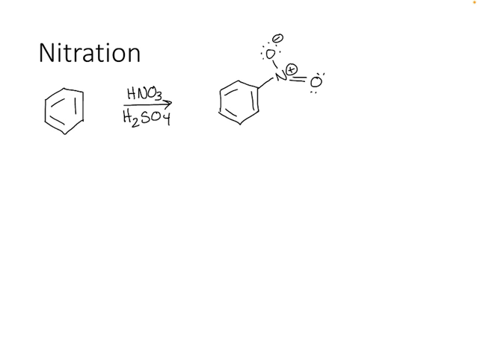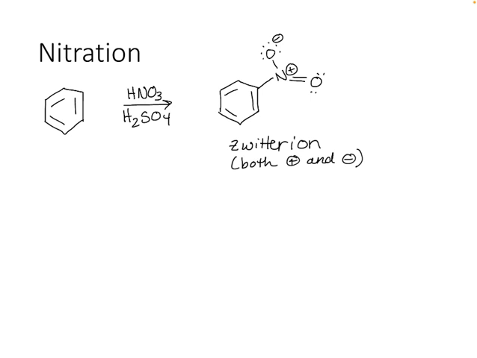All right, so notice that the nitrogen is positive and one of the oxygens is negative. Because we have those two charges right next to each other, this is what's known as a zwitterion. Well, they don't have to be right next to each other, I guess.